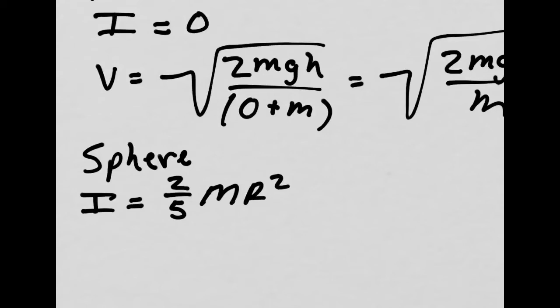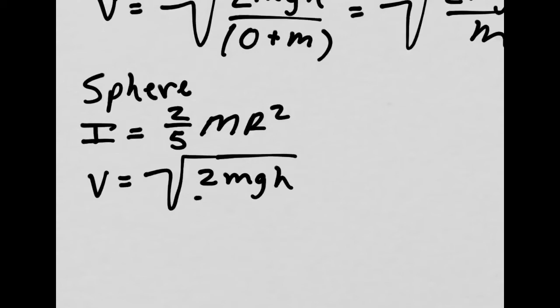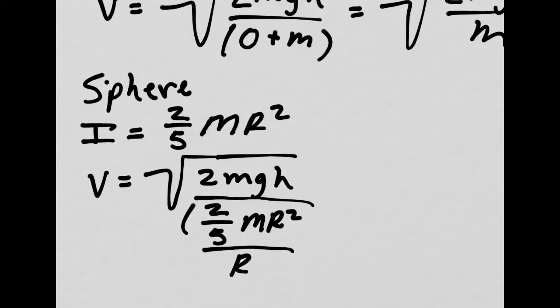So let's plug that into our velocity equation. Square root of 2mgh over (2/5 mr squared over r squared plus m).